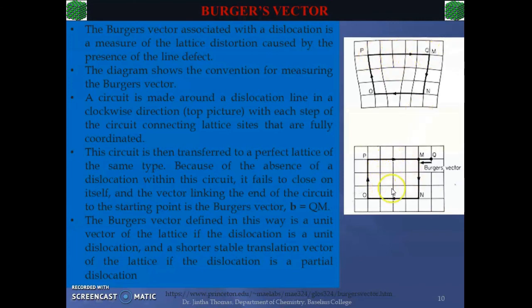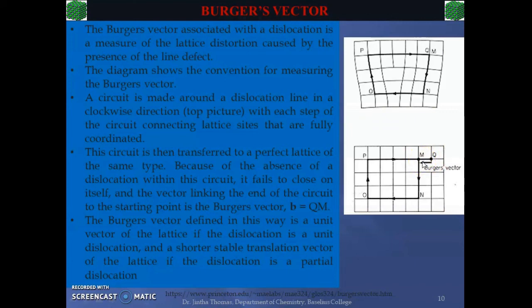But in this perfect crystalline packing, we lack the extra half plane. Because of that, this Burgers circuit fails to close down. So the starting point and ending point are not the same. And the vector linking the end of the circuit, this part, to the starting point is the Burgers vector, represented by vector B, and this space QM corresponds to the Burgers vector in this case.